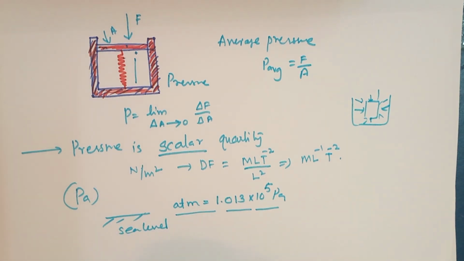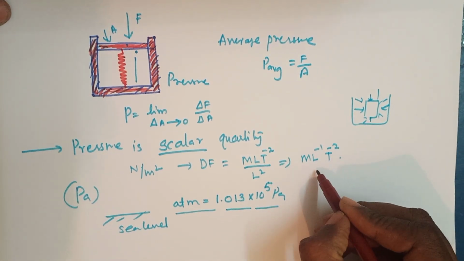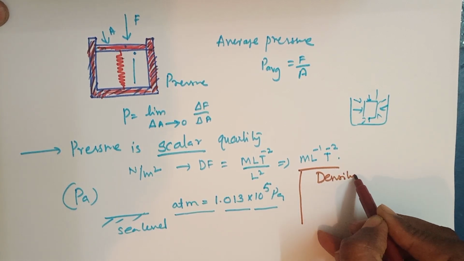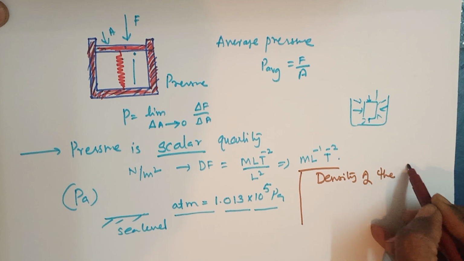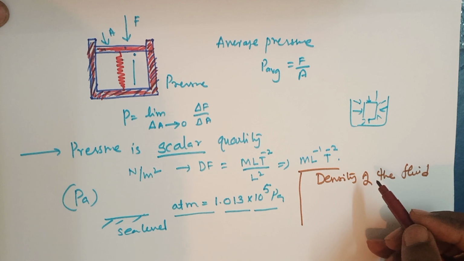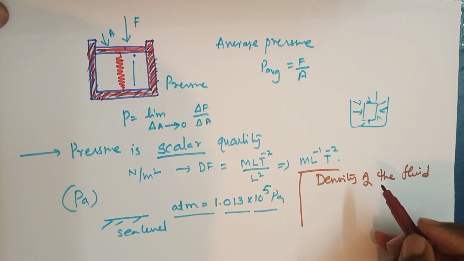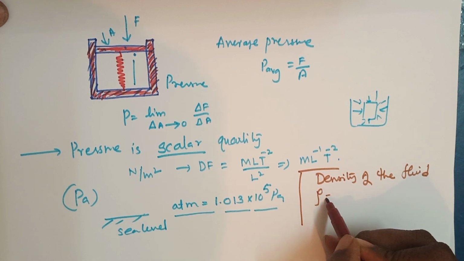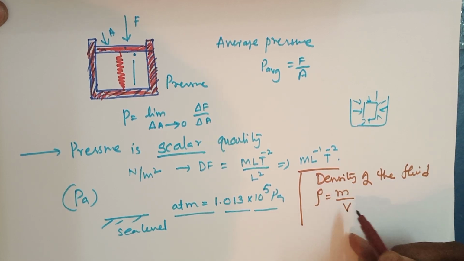Another important thing to be studied for the fluid is the density of the fluid. For a mass of the fluid considered in a volume of the fluid, rho is equal to mass by volume.